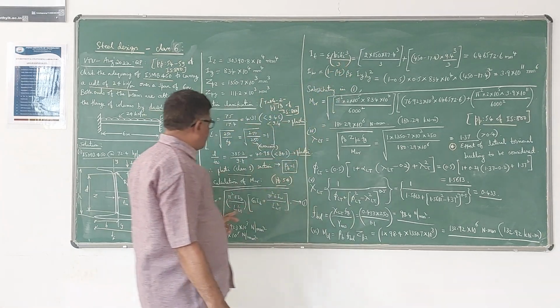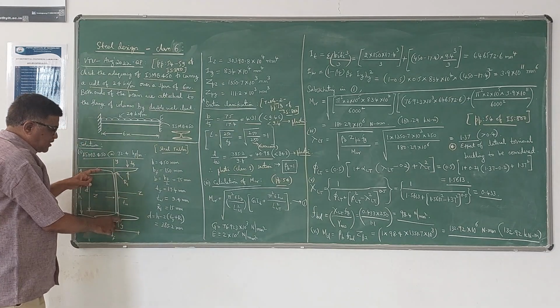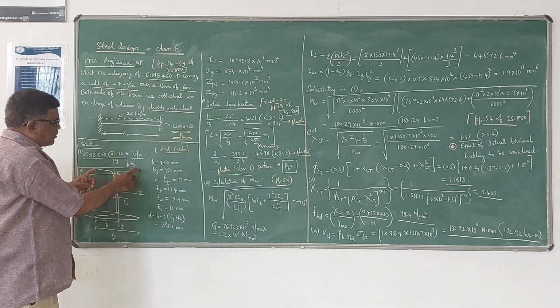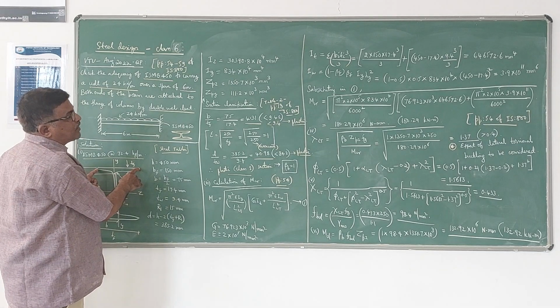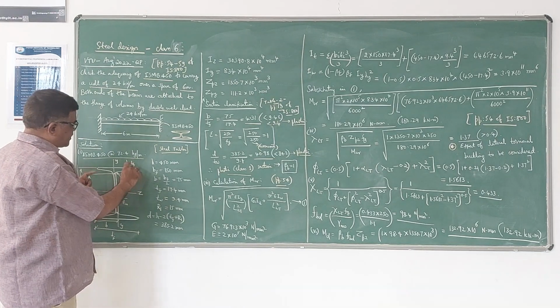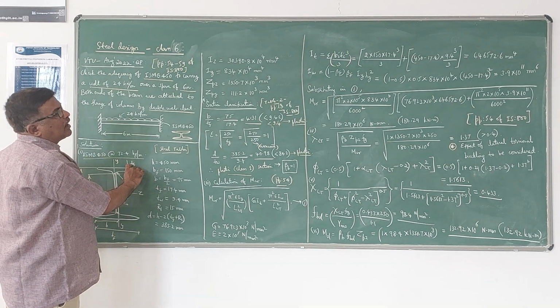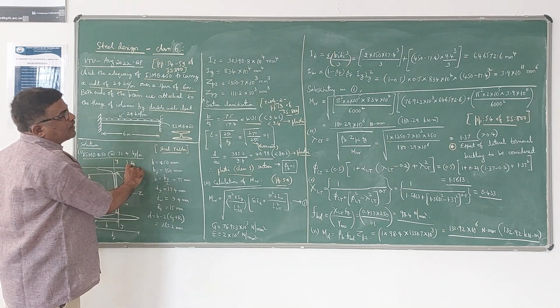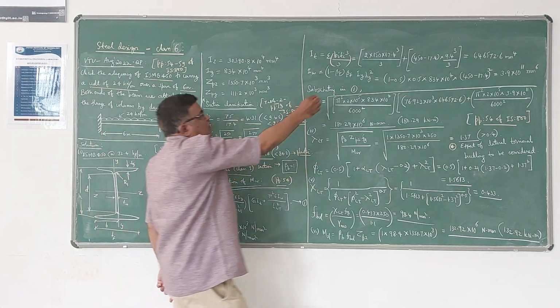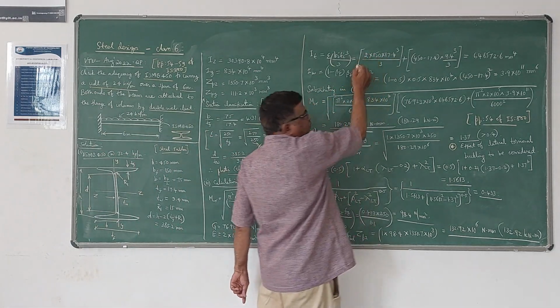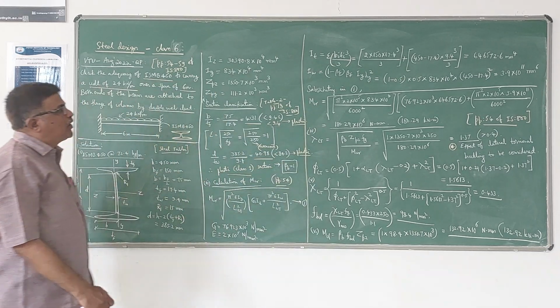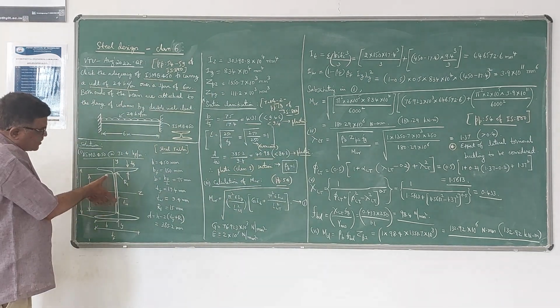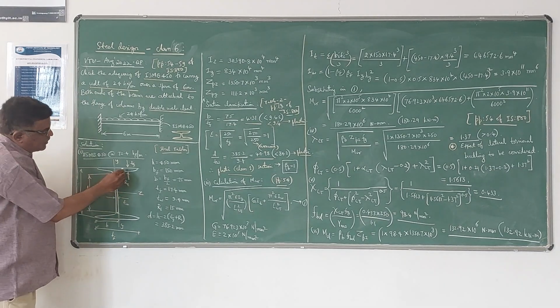Here there are two flanges, equal flanges, because it is a symmetrical section. So b for the flange is 150 into Tf, 17.4, cubed, divided by 3. This is for one flange, into 2 we have to take for two flanges. Plus for the web portion you have to take the width as this value.